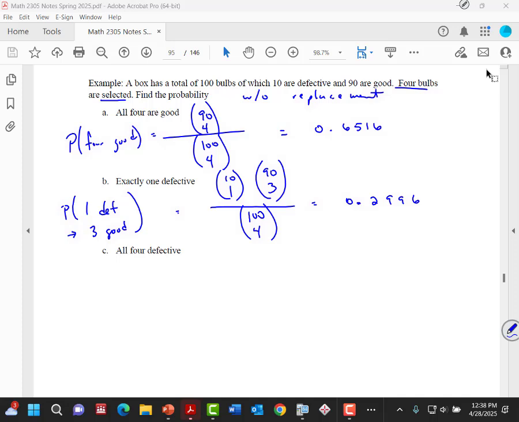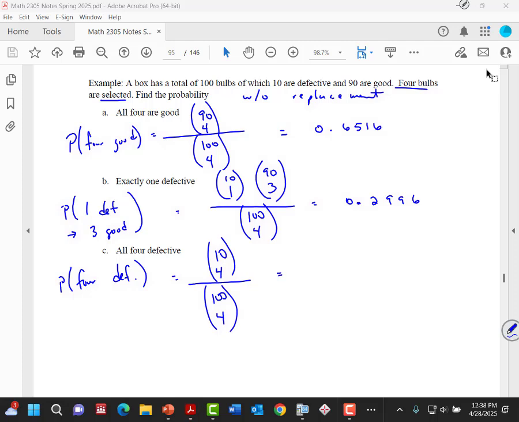The probability of all 4 defective. So the probability that I get 4 defective. Well, from the 10 defectives, choose 4 of them over 100 choose 4.